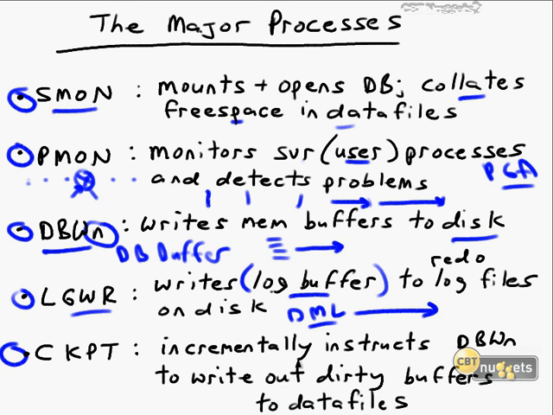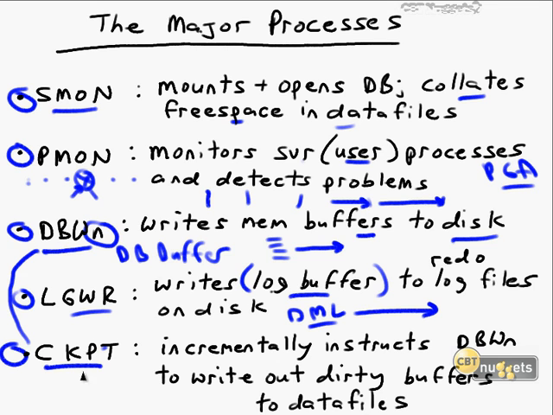The checkpoint process works in close conjunction with the database writer. Remember, I said that the database writer can advance the checkpoint. The checkpoint process is dedicated specifically to updating the control file and data file headers with that checkpoint information, and then it instructs the database writer to write changed blocks to disk.